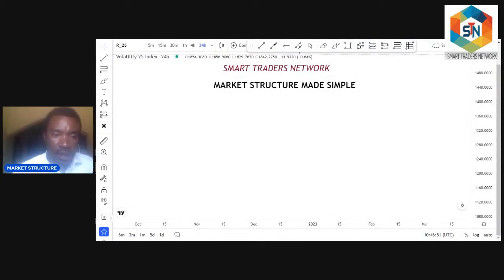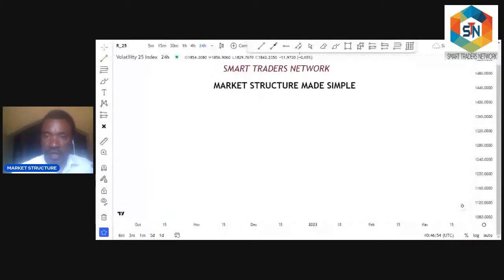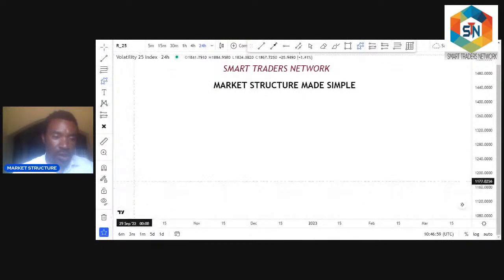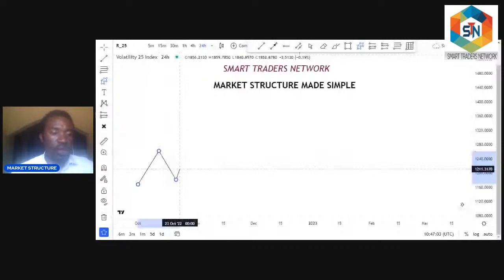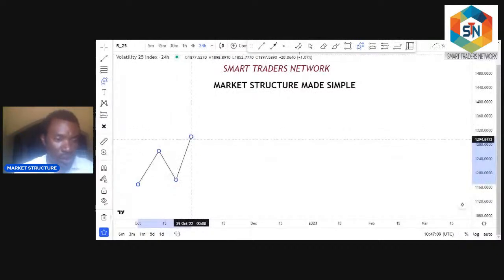We have the bullish formation when price keeps making a series of higher highs and higher lows. This is the bullish formation. Price keeps giving you a series of higher highs, higher lows.